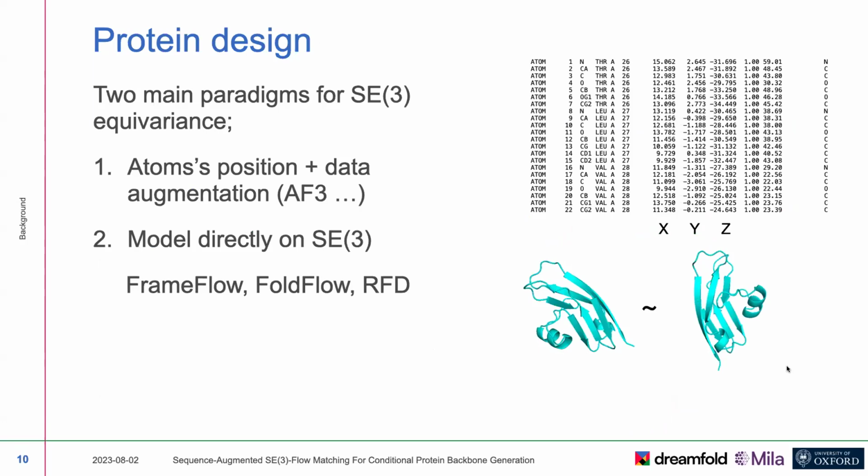Okay, so going back a bit to the data set, given this task we want to consider, in FoldFlow, we worked on the structure space. So we mainly consider the atom position, and in FoldFlow-2, we incorporated the sequence information.